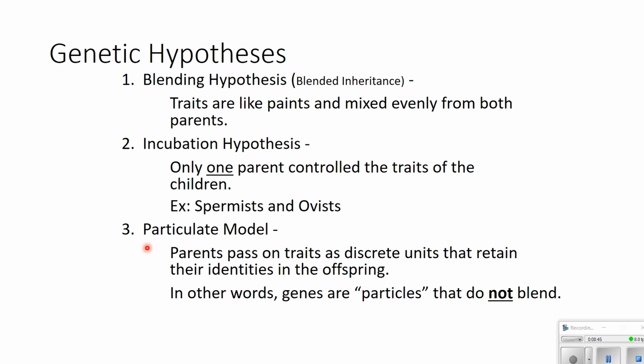Black does not blend with white to make gray. Tall does not blend with short to make medium. In other words, genes are particles and they do not blend. And we know this to be correct because Gregor Mendel proved the particulate model to be the correct model. And we're going to learn exactly how he did this very shortly.